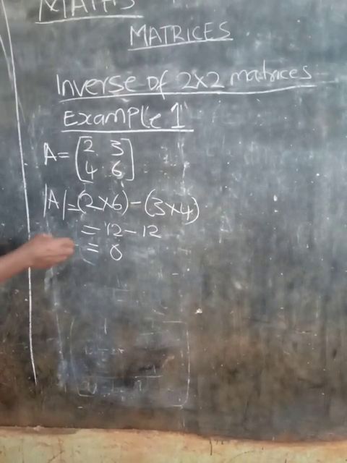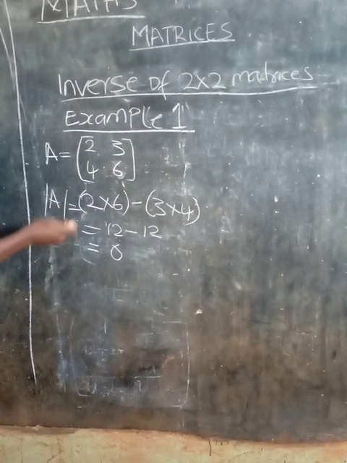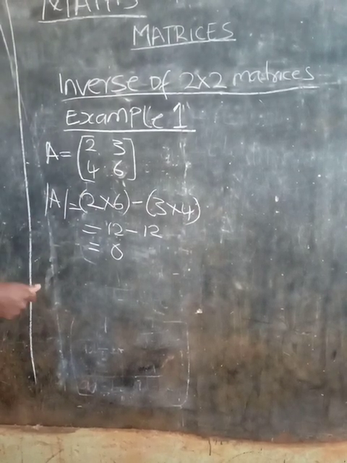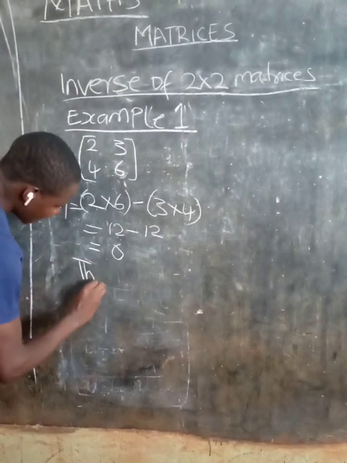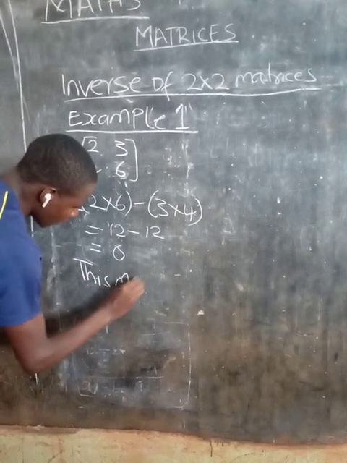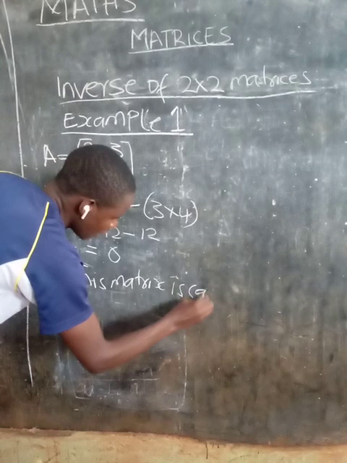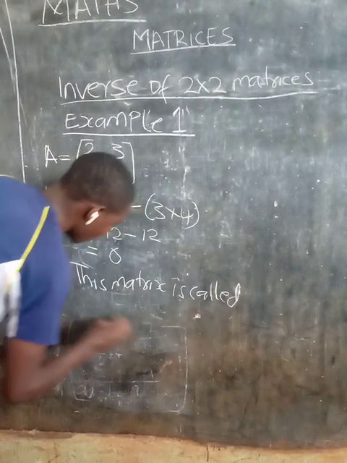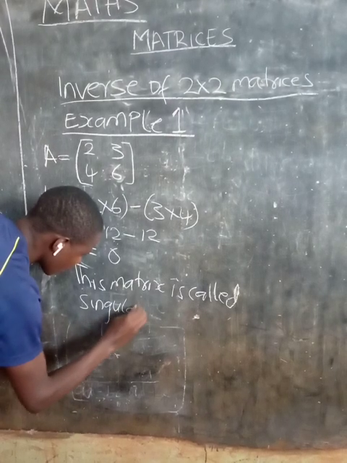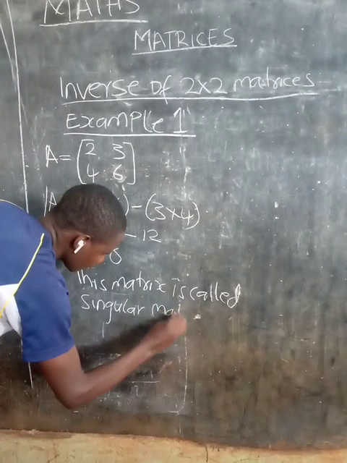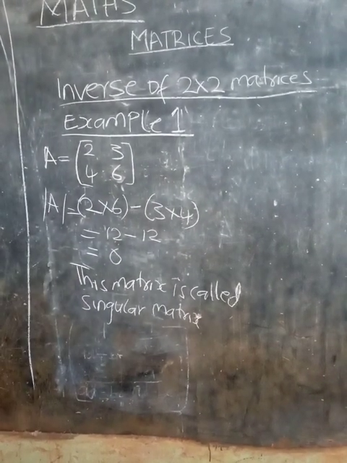So in this case, we cannot proceed to find the inverse of this matrix. This type of matrix is called a singular matrix.